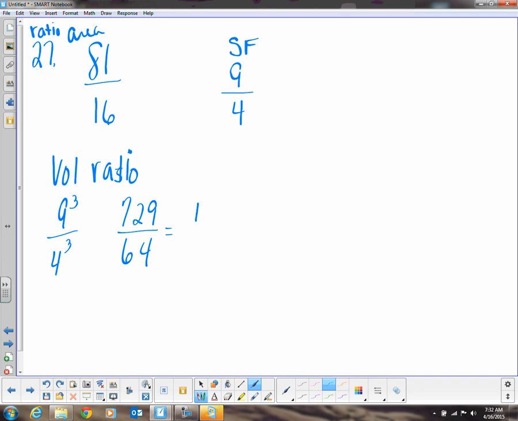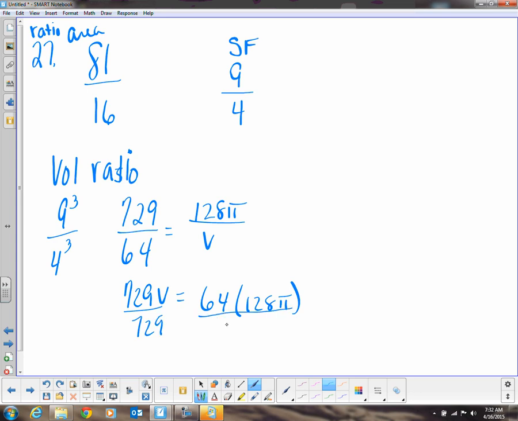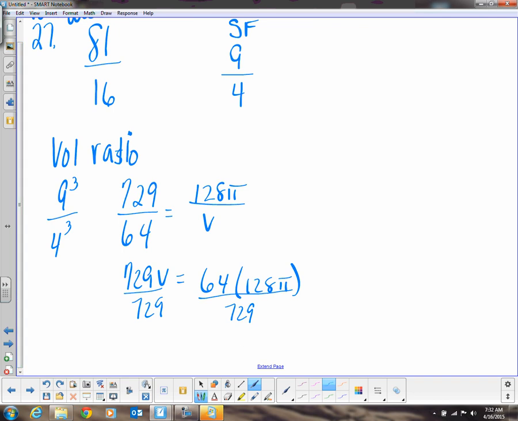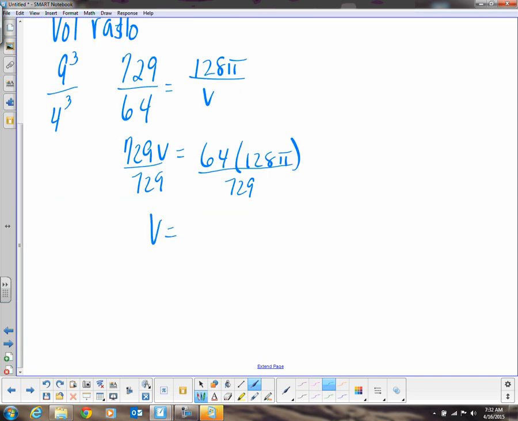On top. So you've got 128 pi, and we'll use V for the volume of the small. Cross multiply, you have 729V is equal to 64 times 128 pi. Then you're going to divide by 729, and you're going to get V to be something.